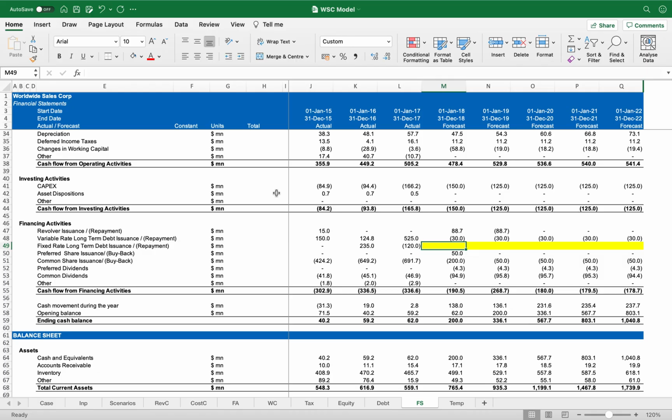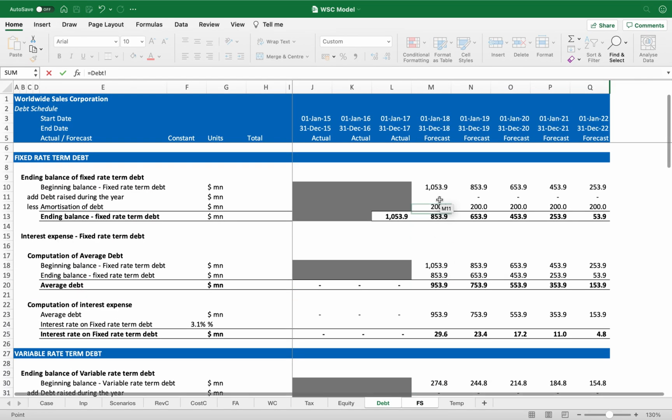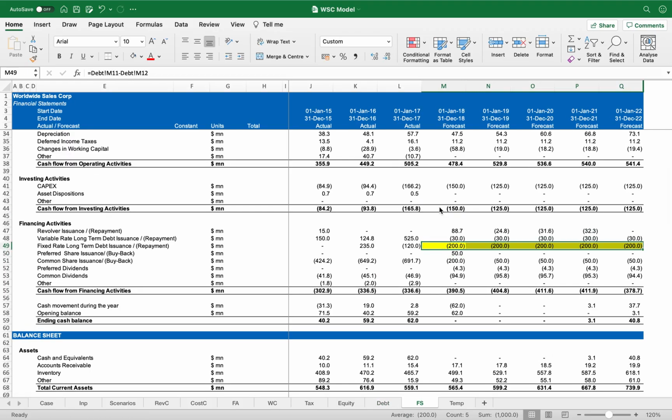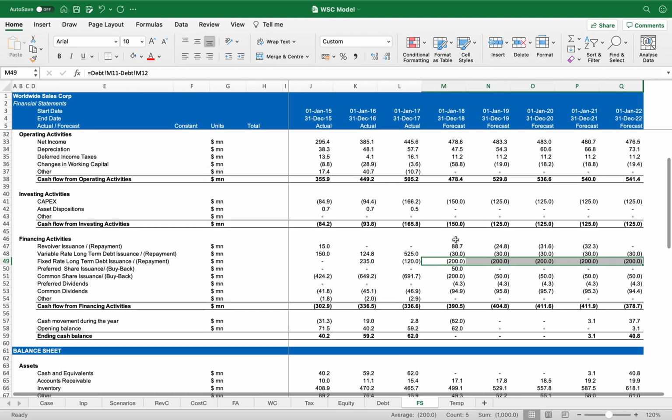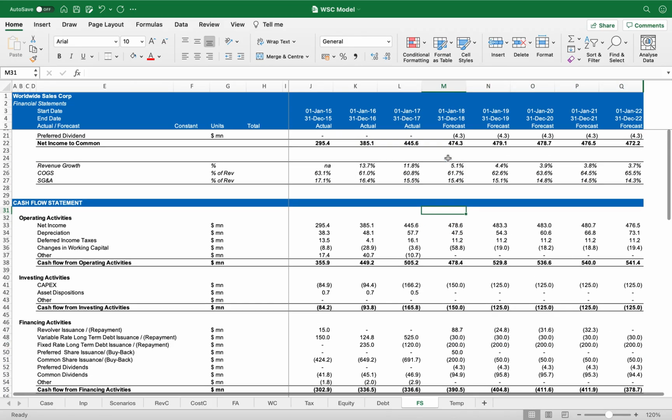Now, for fixed rate long-term debt, for the fixed rate term debt, again, same thing. Raised minus repaid. Okay. Now, I am done with my cash flow statement as well.